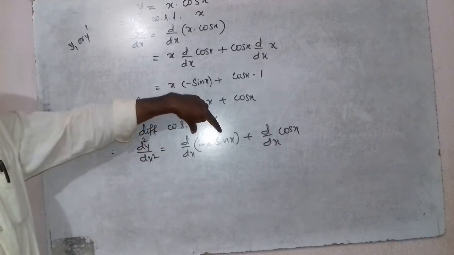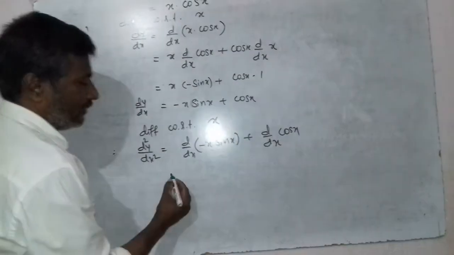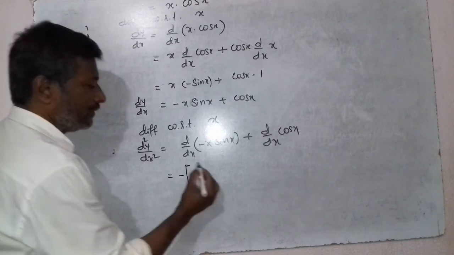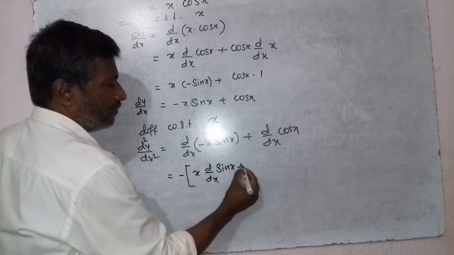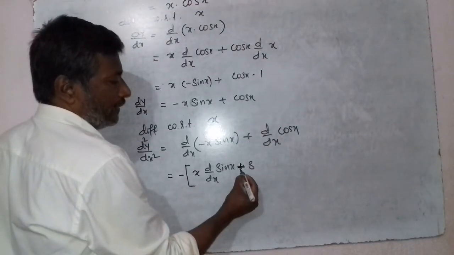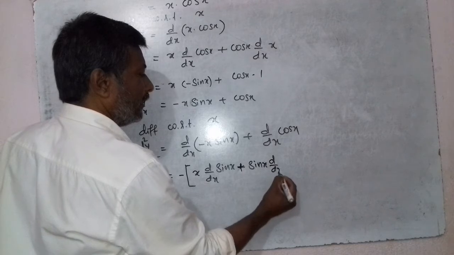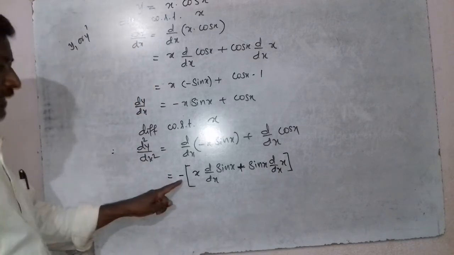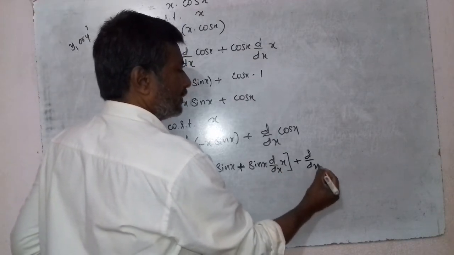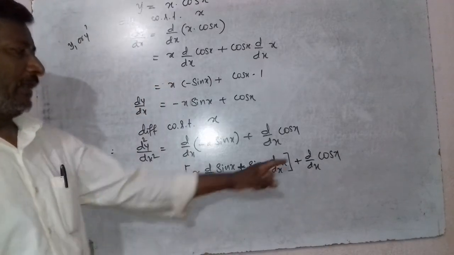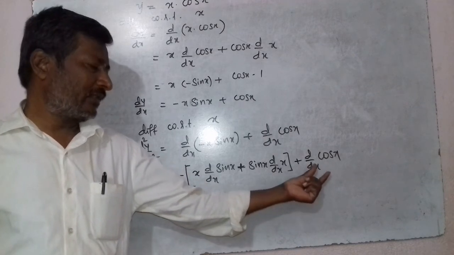Therefore apply the product rule, and directly find the derivative of cos x. So this equals minus into bracket x d by dx of sin x plus sin x d by dx of x. This minus is for this expression only, plus d by dx of cos x. For convenience I have written this step.